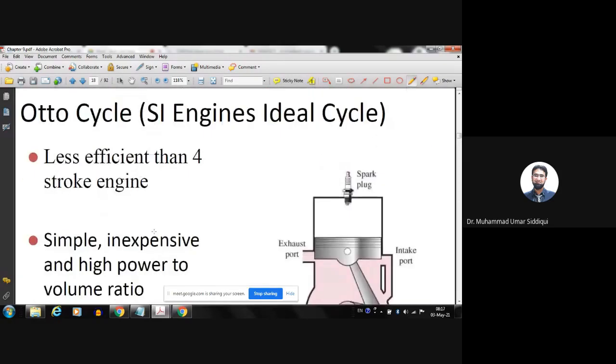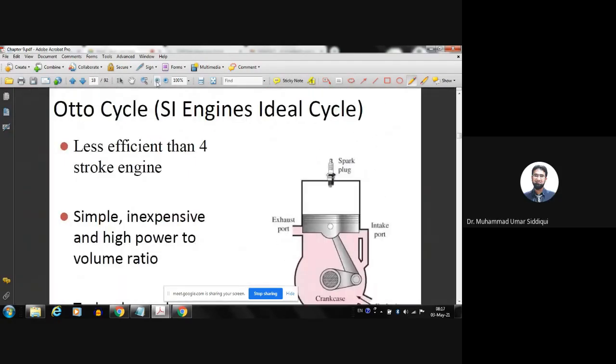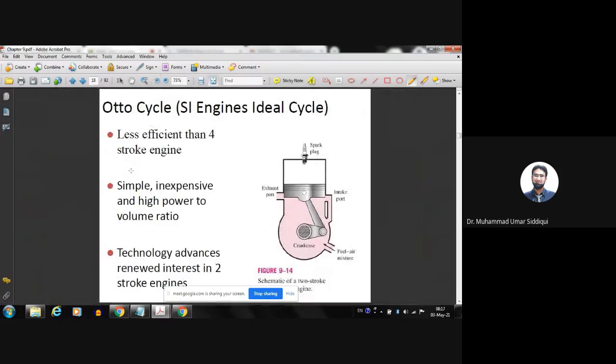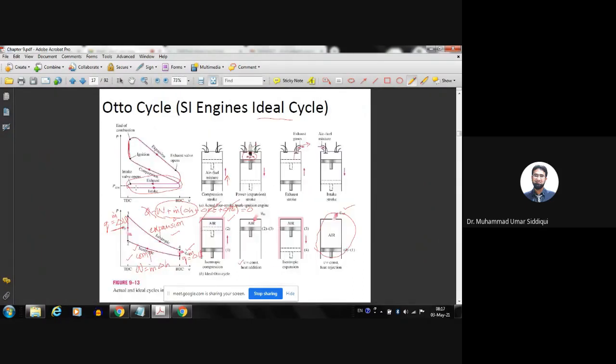Okay, so let's talk about the Otto cycle. First of all, we already saw that in a regular Otto cycle, we have 4 strokes. 4 strokes make up one complete ideal Otto cycle, one complete cycle of an SI engine.